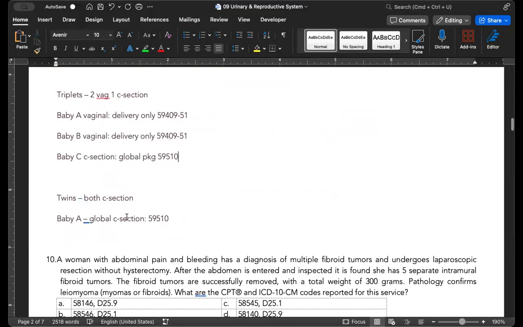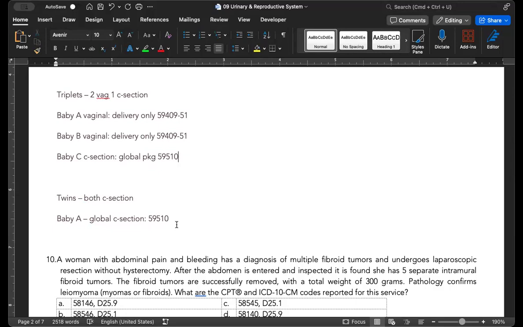But with your twins or even multiple gestations, if they are all C-section, then you would only bill a single global C-section package. Some of your insurance companies might let you put a 22 on it for increased procedural services if there's a large amount of multiples. They're not going to let you do it for twins, but if it was 4, 5, 6, they probably would.